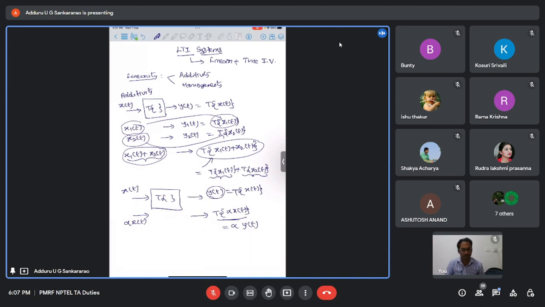Hope you understood it. So if I give a scaled version of the input, and the output is alpha times the previous output y, then we say the system is following homogeneity.